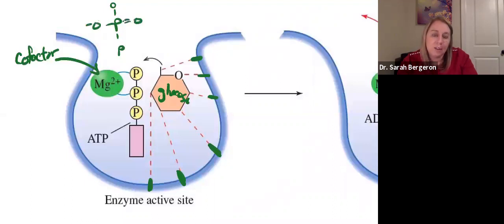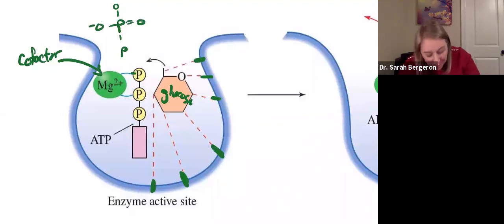And so that negatively charged oxygen is going to end up being stabilized because it is interacting with the positive charge on the magnesium. And so that is actually weakening this bond right here. So now this bond will break and we can make a bond between the carbon here and this phosphate.